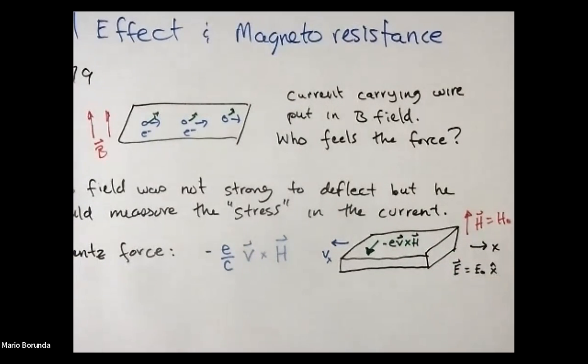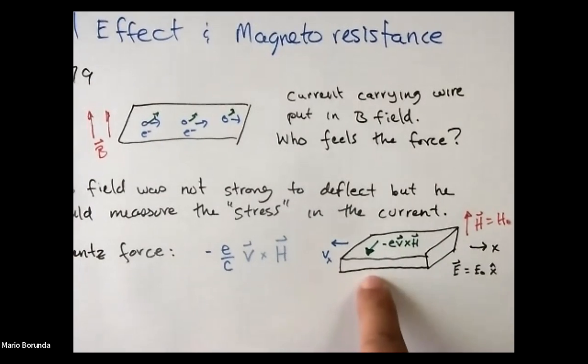So what is the electric field that is happening at this point? How many electric fields do we have? We have charges moving in this direction, right? This electric field is the one moving the charges. And then the charges experience this force in this direction. So what's happening with those charges moving in that direction?